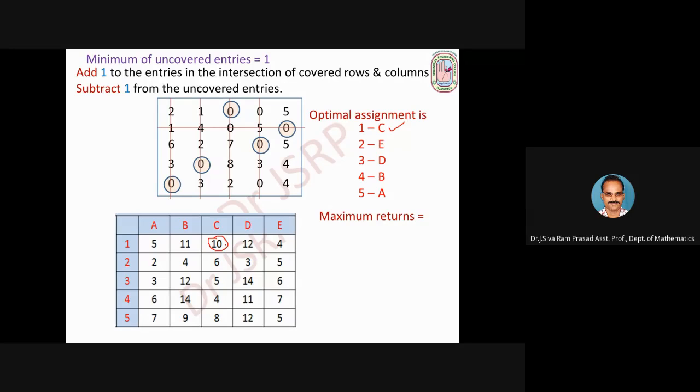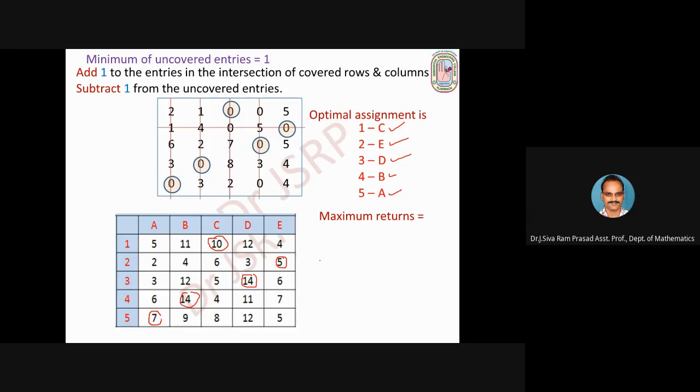Next, 2 to E, this is 5. Next, 3 to D, 14. Next, 4 to B, 14. Next, 5 to A, 7.